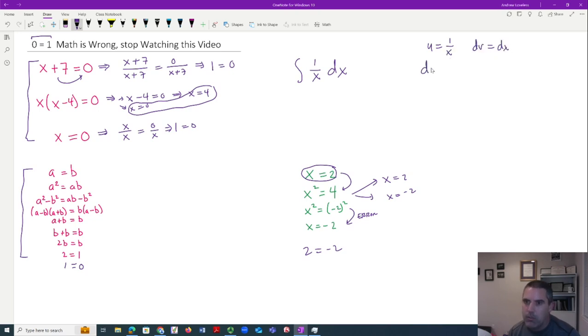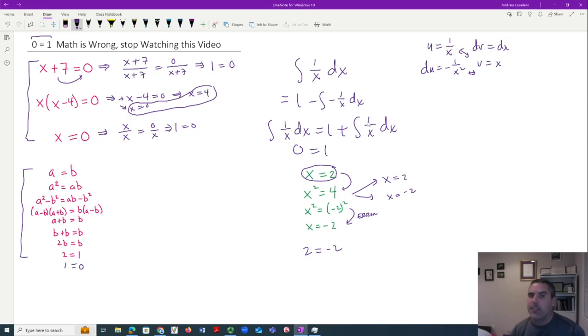We take the derivative here, which is negative 1 over x squared. We integrate here, which is x. Okay, good. We smush these two things together, which is 1. We smush these two together, and it's minus the integral of negative 1 over x dx. And we get the integral of 1 over x dx is equal to 1 plus the integral of 1 over x dx. We subtract the integral from both sides, and you get 0 equals 1, and math is wrong again.